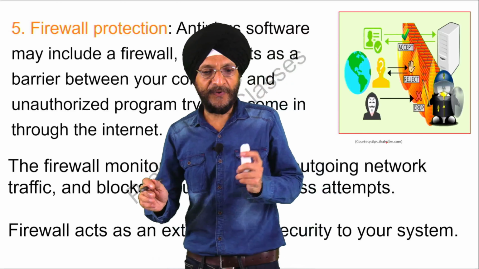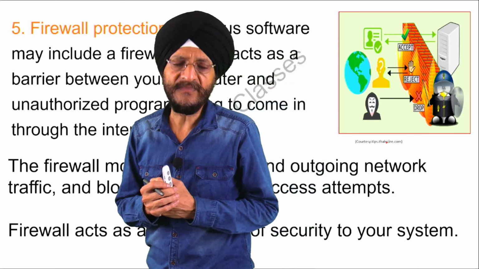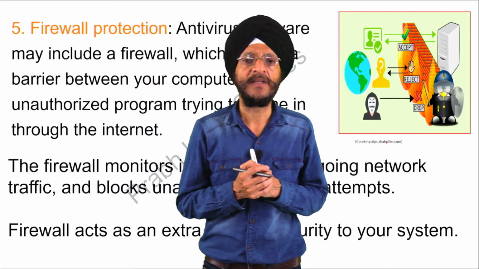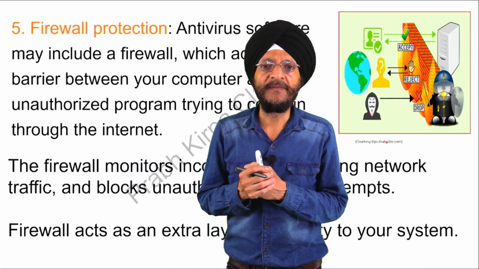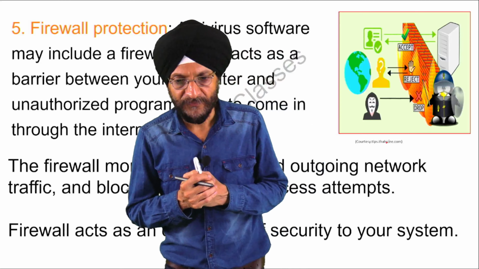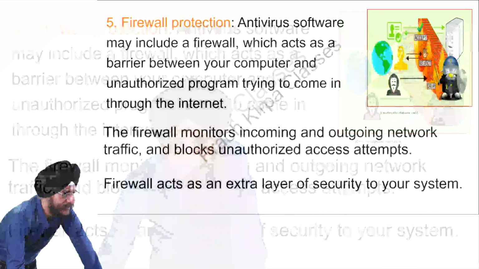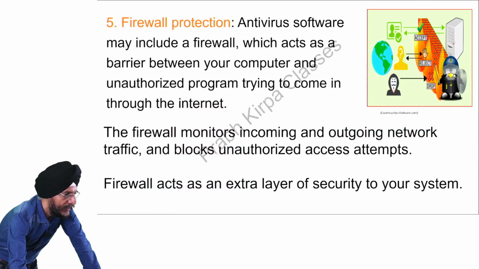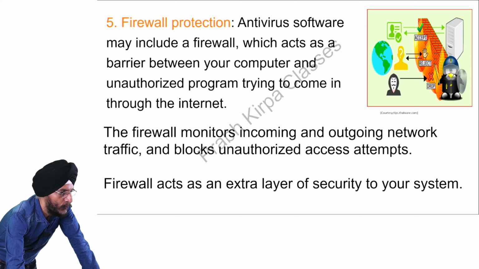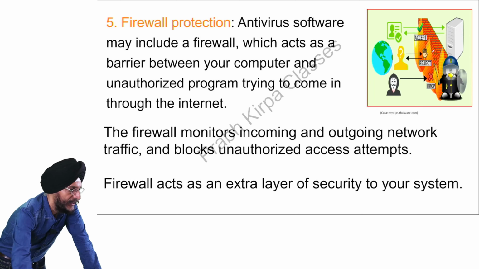Next is firewall protection. Some antivirus software provides the facility of a firewall, which acts as a barrier between your computer and unauthorized programs which are trying to come in through the internet.